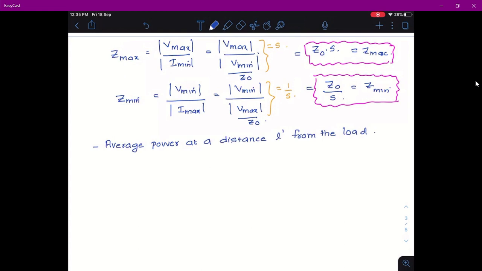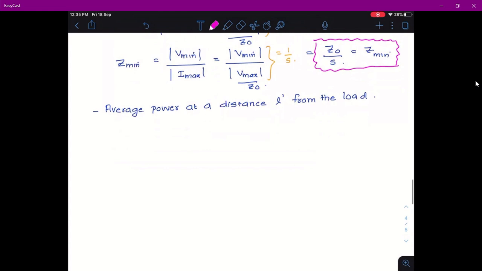So, we are making a small change in our representation of the axis, so that the derivation is easy. Till now, we have considered a generator, a transmission line, and a load.